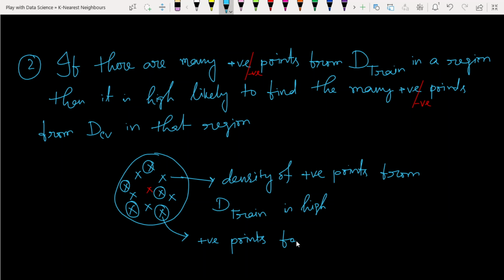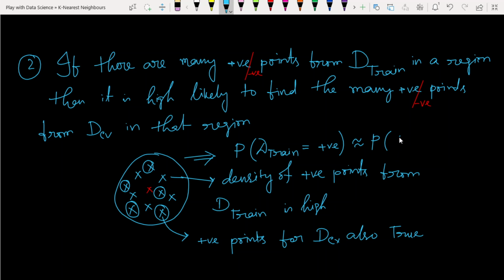I will call this density a probability. Written in probability terms, the probability of train equals positive is approximately equal to the probability of cross validation positive for a particular region.